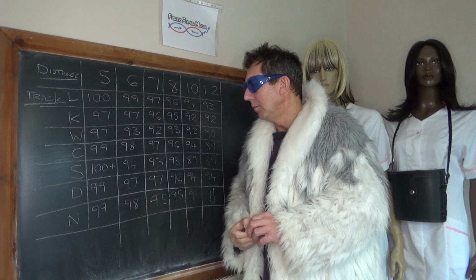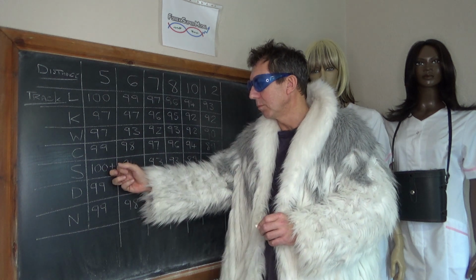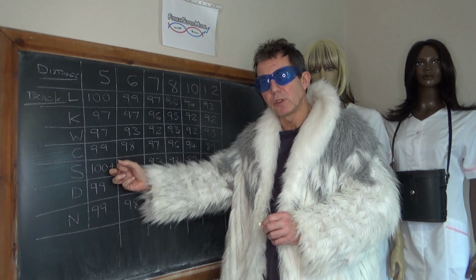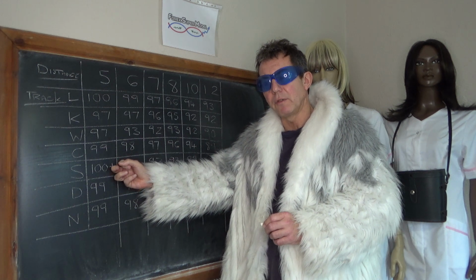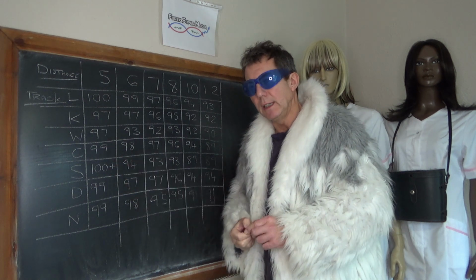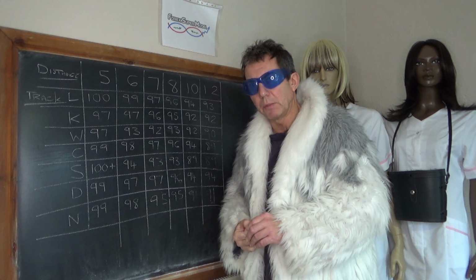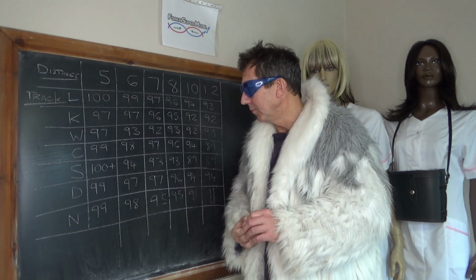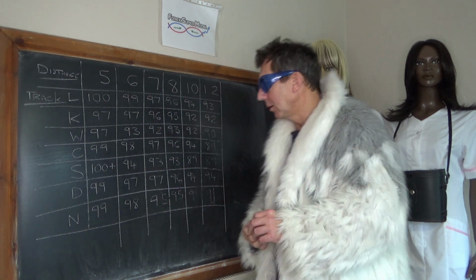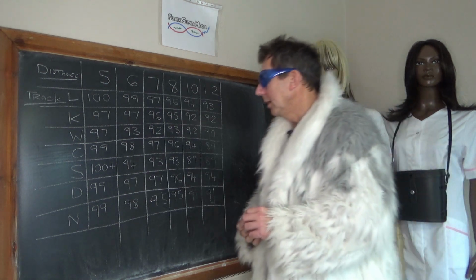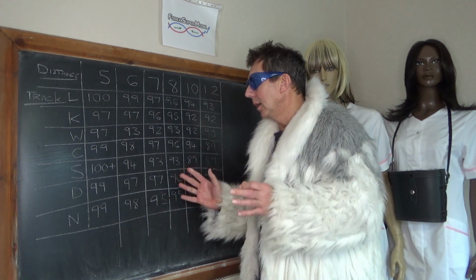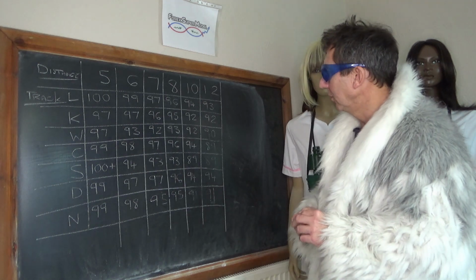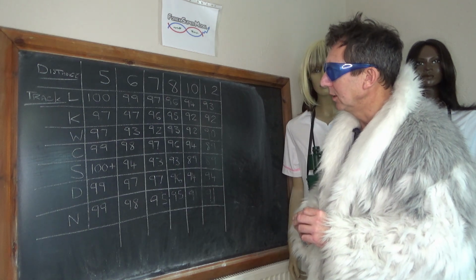So Southwell is 100 plus, and that's an unusual 5 furlongs in that it's the straight course as opposed to the rest of the distances, which are on the turn and around the loop. So anyway, if you want to you'll be able to take a screenshot of that and see the figures.